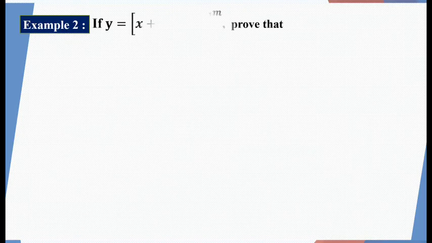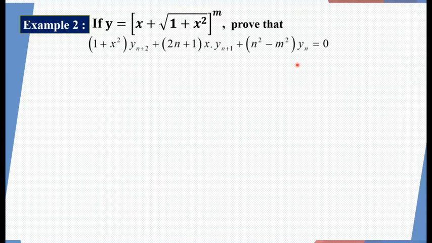So example 2 is, if y equals to x plus square root of 1 plus x square whole power m, then prove that 1 plus x square yn plus 2 plus 2n plus 1 into x yn plus 1 plus n square minus m square yn equals to 0, and hence find yn0.